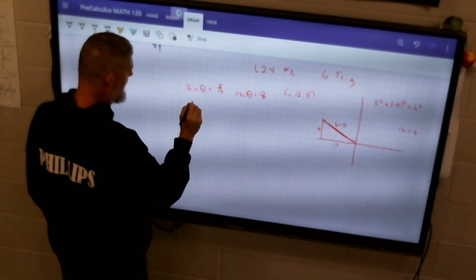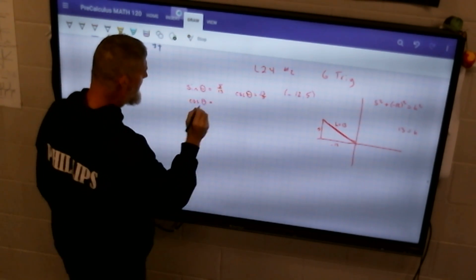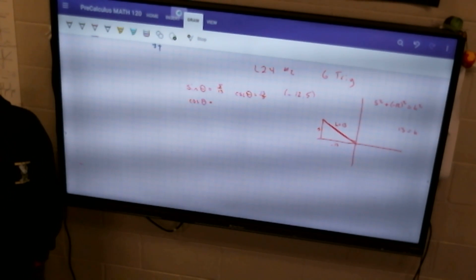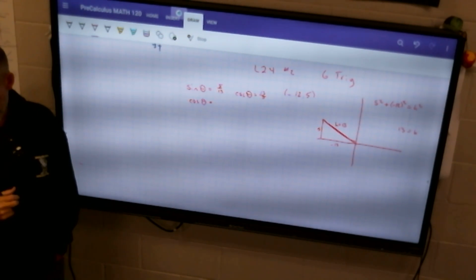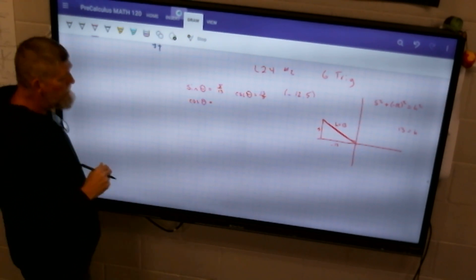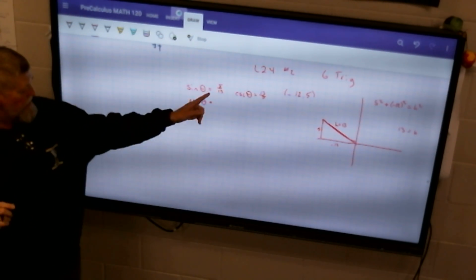Okay, so then the cosine of theta is adjacent over hypotenuse. That was sine.